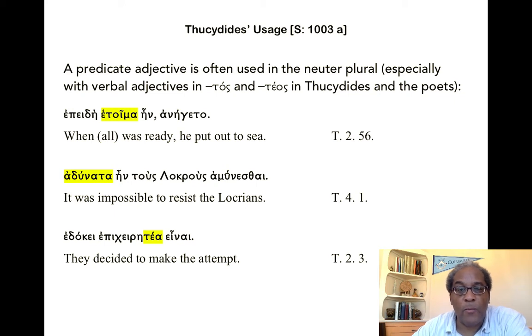And then it was impossible to resist the Locrians. Adunata ên tous Lokrous amunasthai. And finally, they decided to make the attempt. Edoxe peiratea einai. Literally, it was decided that it was necessary to make a try. Edoxe peirateа einai.